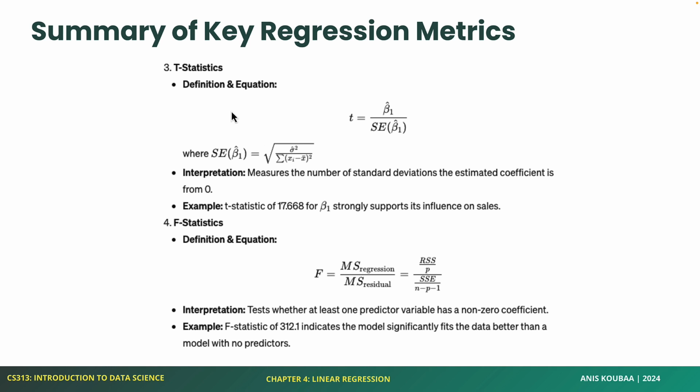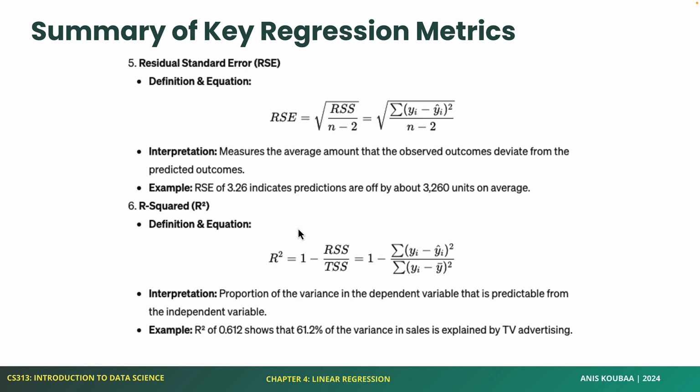We use also the t-statistics to confirm the relationship between the dependent variable and the independent variable. Same thing for F statistics. And for assessing the model accuracy, not the coefficient accuracy, we use the residual standard error using this formula, and the coefficient of determination using this formula. So this is just a summary of all the different formulas that we have introduced so far.